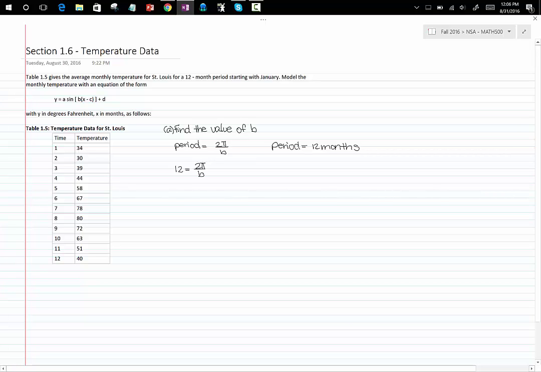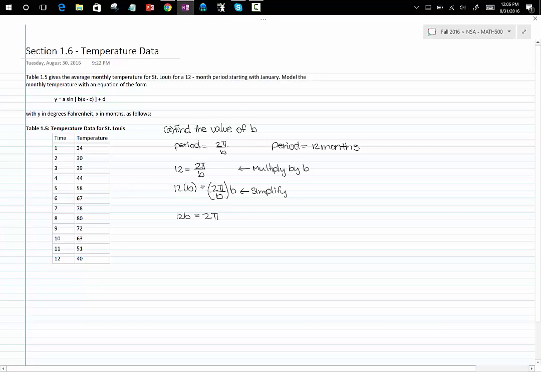Now we need to find a way to get b isolated all by itself on one side of the equation. So to do that, we're going to multiply by b. So you have 12b is equal to 2 pi divided by b times b. Simplify. So now you have 12b is equal to just 2 pi.